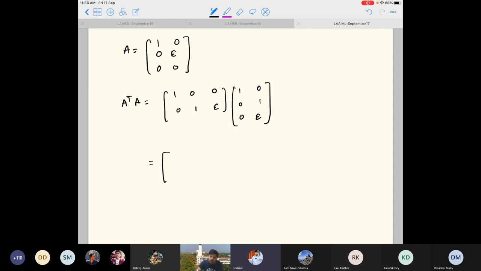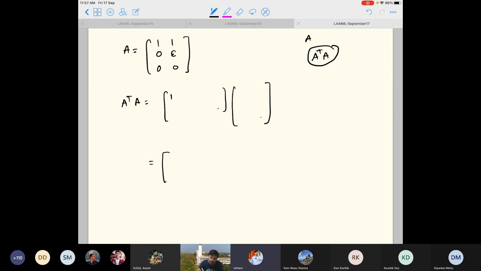What I'm trying to illustrate is that given a matrix A, computing A transpose A is also a little dangerous operation. You do not want to get into doing this. I am trying to construct an example; I had it constructed, but I forgot.